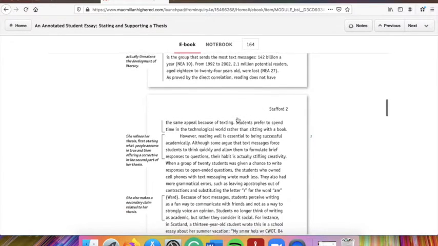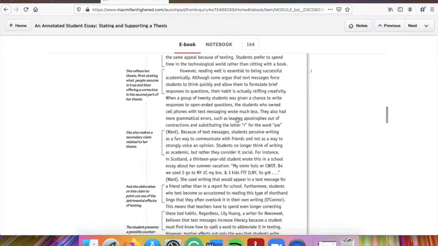And then she will make a secondary claim that is related to her thesis, and that because of text messages, students perceive writing as a fun way to communicate with friends and not as a way to strongly voice an opinion. Students no longer think of writing as academic, but rather consider it social.